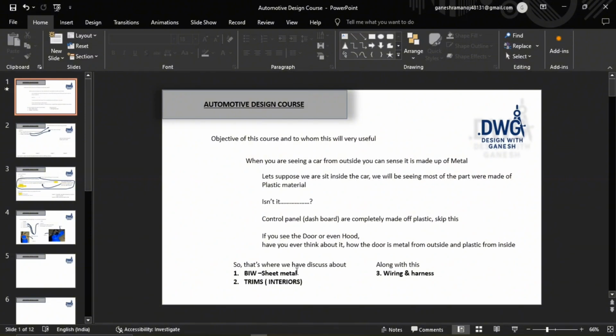Sheet metal parts are always referred to as BIW. BIW full form is body in white. This means that before a car is fully assembled, a structure is made which does not have any paint and appears in only a raw shape and raw color.